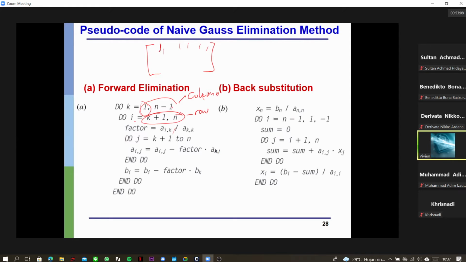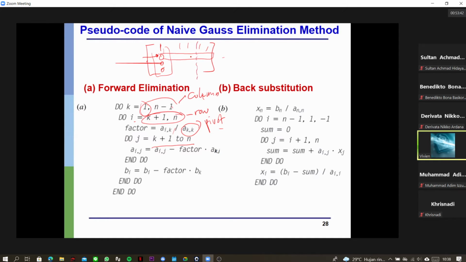And for each of the columns, we have to make 0 for the rows below, starting from k plus 1, which is the row below, up to n. Then we find the factor first, which is aik divided by akk, where akk is the pivot. Once we have the pivot value, we loop row-wise for the augmented matrix.